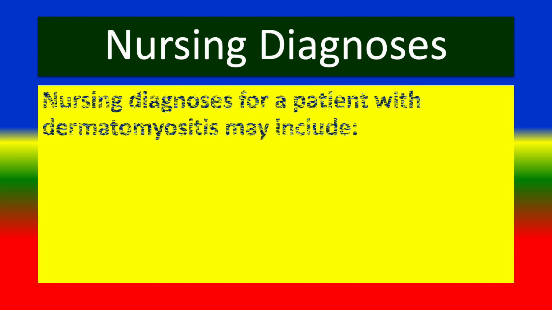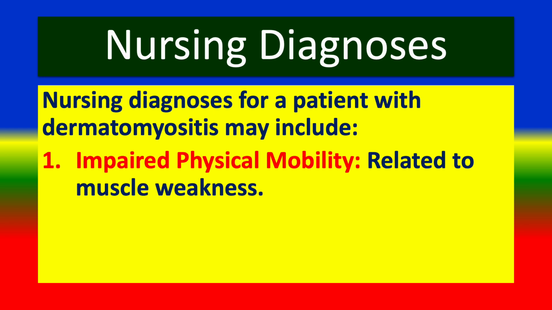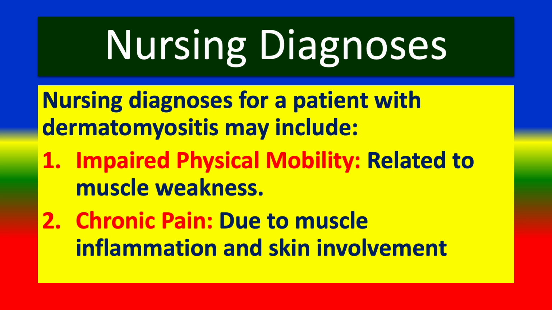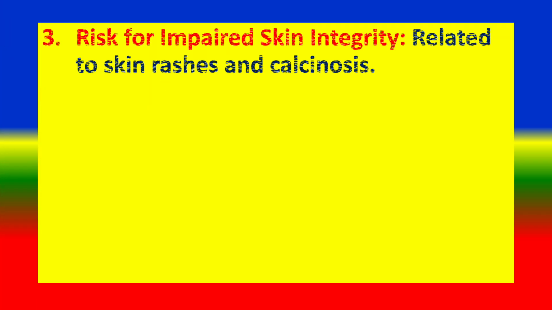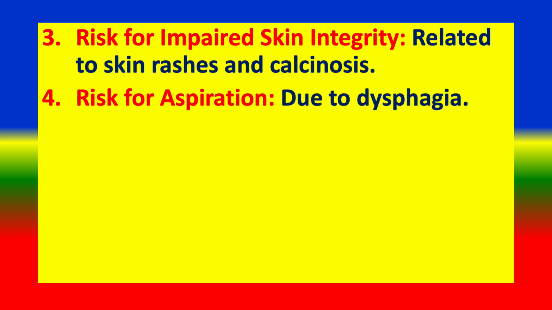Nursing diagnosis. Nursing diagnoses for patients with dermatomyositis may include: 1. Impaired physical mobility related to muscle weakness. 2. Chronic pain due to muscle inflammation and skin involvement. 3. Risk for impaired skin integrity related to skin rash and calcinosis. 4.